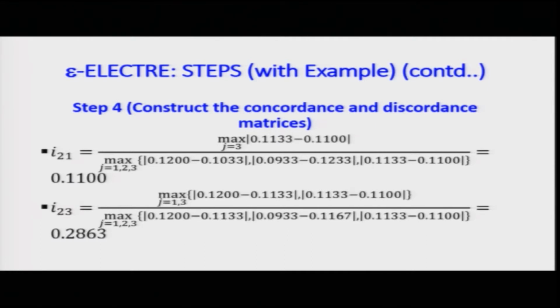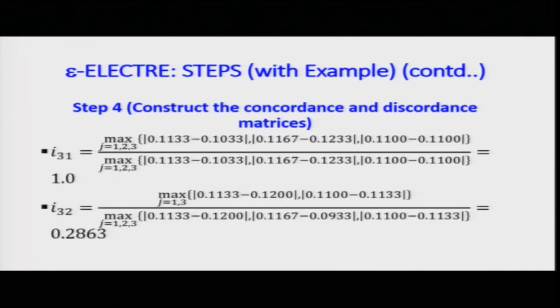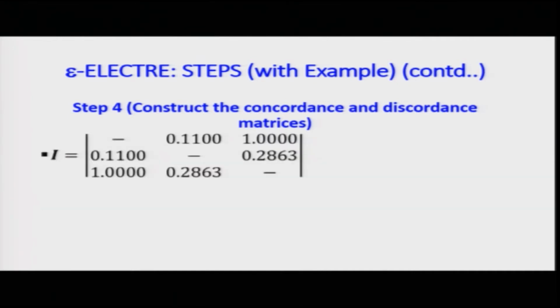Similarly, I21 and I23 are 0.11 and 0.2863. I am going a little bit fast because if you check the formula, they are just a repetition, just put them and solve it accordingly. Similarly, I31 and I32 values are 1 and 0.2863. Based on this, the indifference matrix comes out like this.